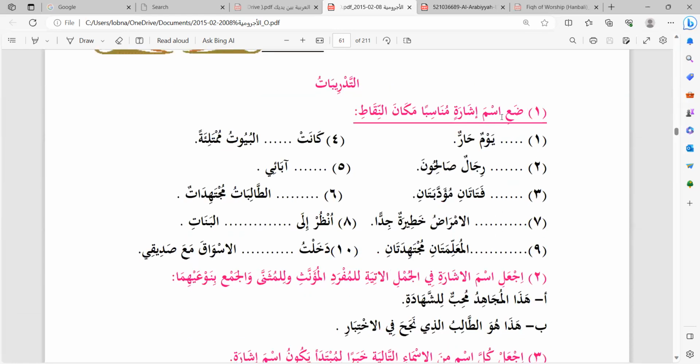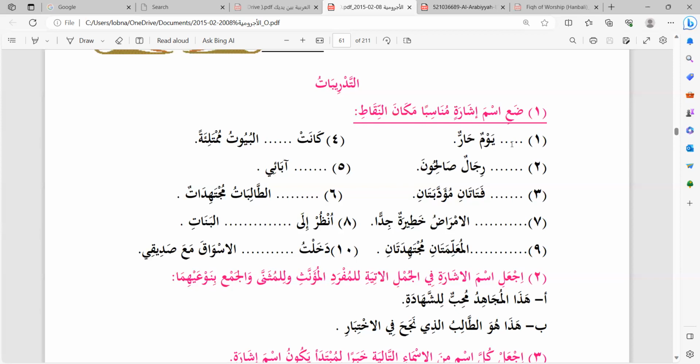ضع, place, اسم إشارة, a demonstrative noun, like how we took ذلك هذا هذه. مناسبا, a suitable اسم الإشارة, مكان النقاط, in the place of the blank line. So يوم الحار, يوم is a day, حار is only describing the day.